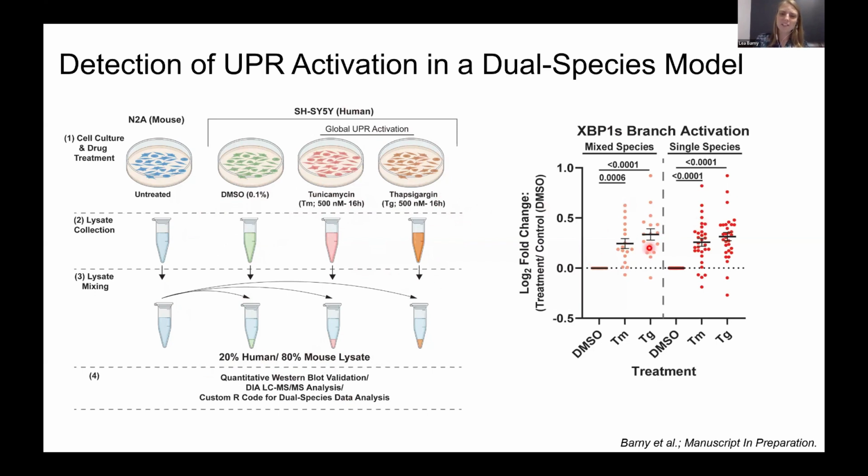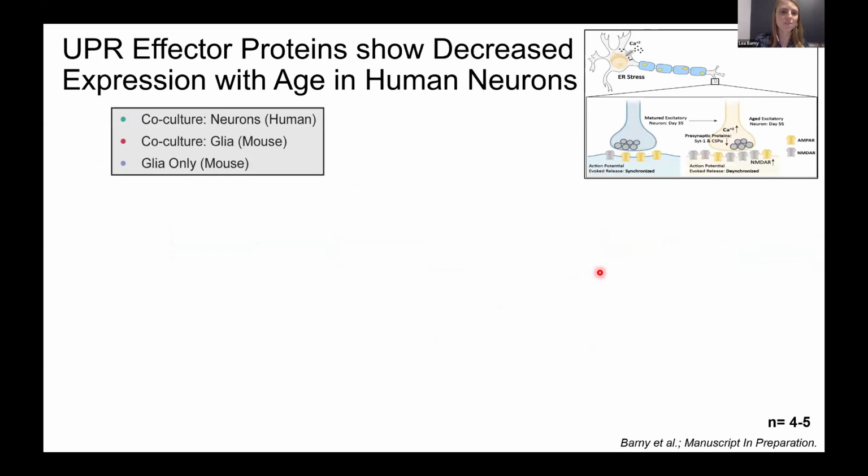We can see that we can detect UPR activation, whether it's a mixed species model, meaning both human and mouse lysate being mixed, or only human lysate. So this is just an important validation that we can actually detect UPR activation in complex mixtures.